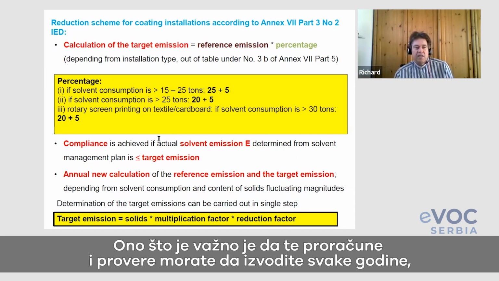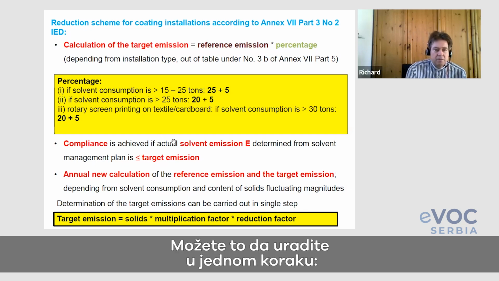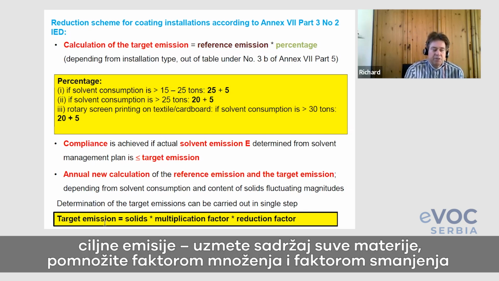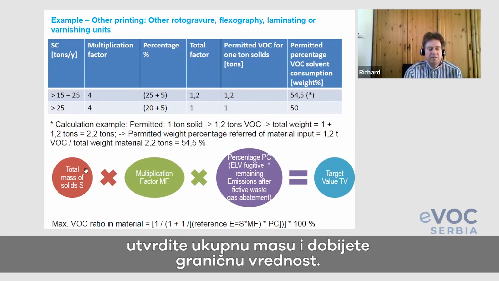Important, you must do that calculation and the proof of verification every year, because it's an annual value. You can do it in one step. For example, for the target emission, you use the solids, this multiplication factor, and the reduction factor. I have done this here for you. So you see the total factor is just 1.2 in that case, or in that range.